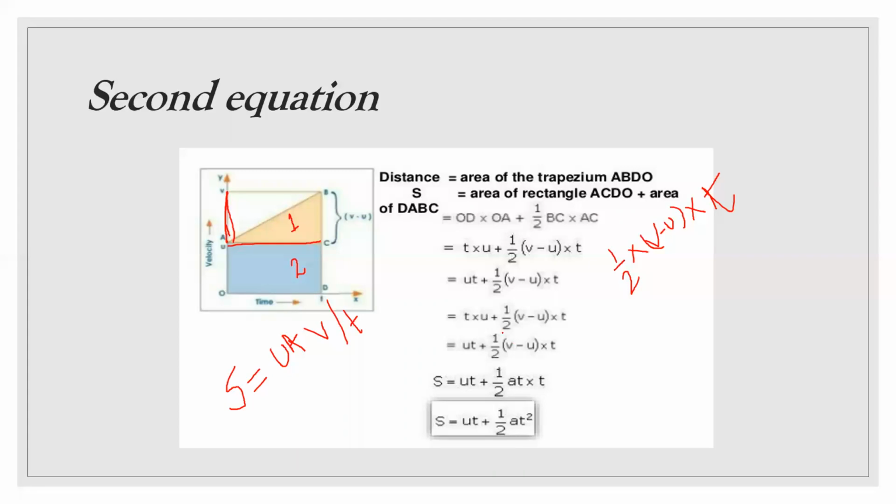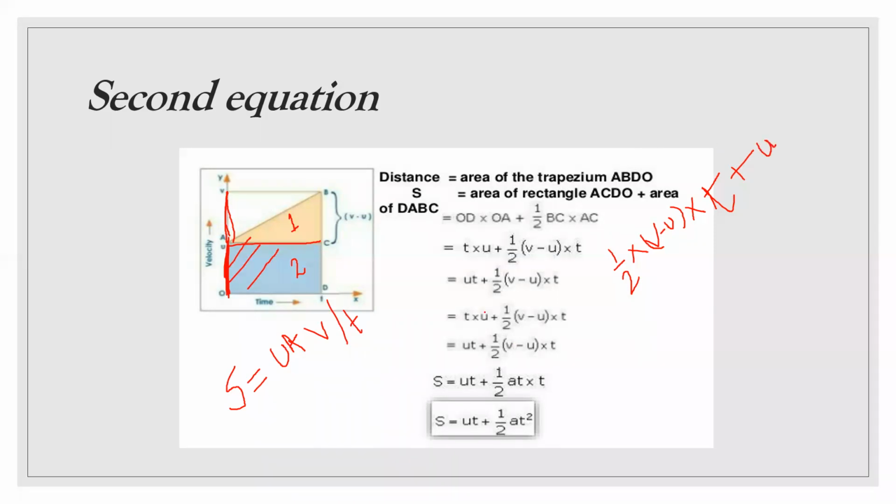And what will be the under area of this rectangle? This rectangle's length into breadth. So the length will be u, from 0 to u. Yes, Gaurav Negi, very good.